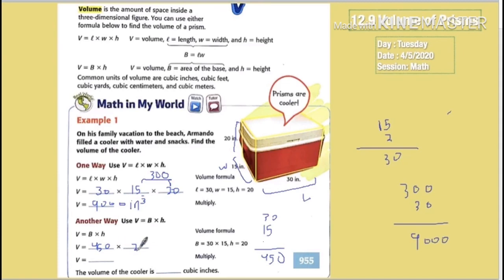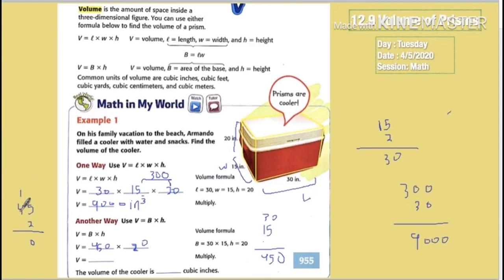times 20, which is the height. If we multiply 450 times 20, this is awesome again because both of our numbers end with 0. So we can just multiply our whole numbers that are not 0. So we have 45 times 2. 2 times 5 will be 10.